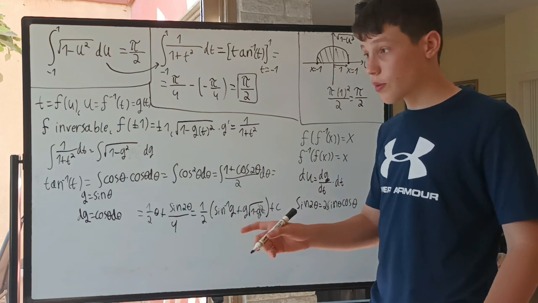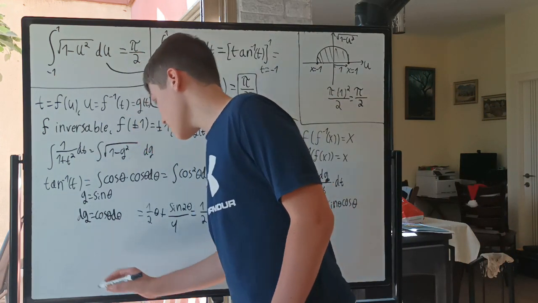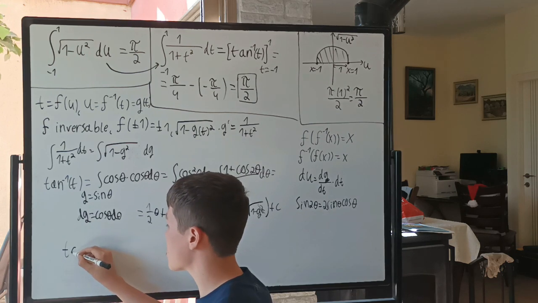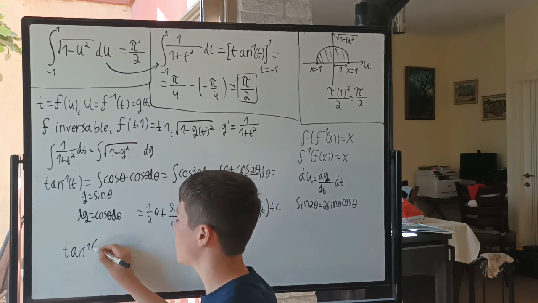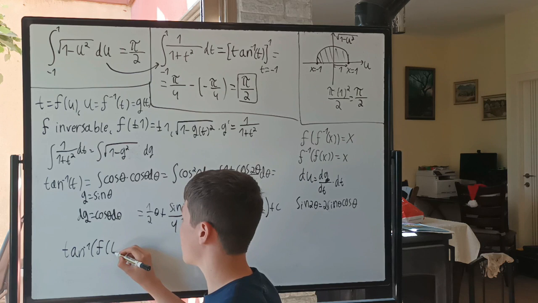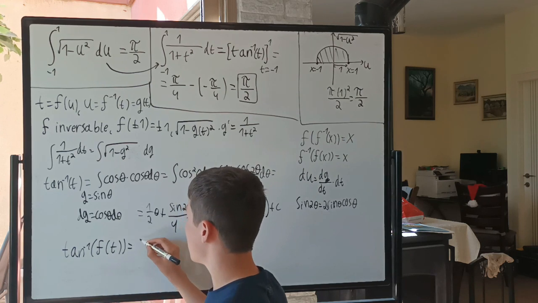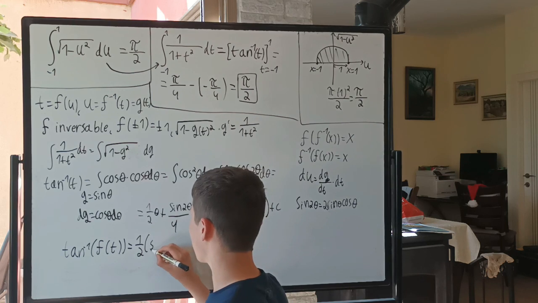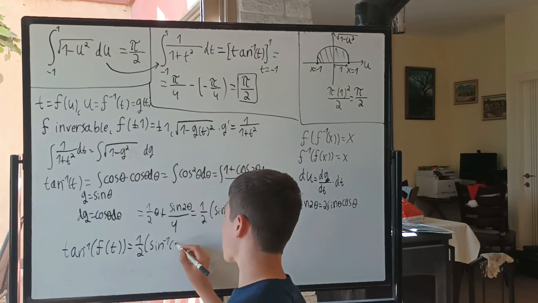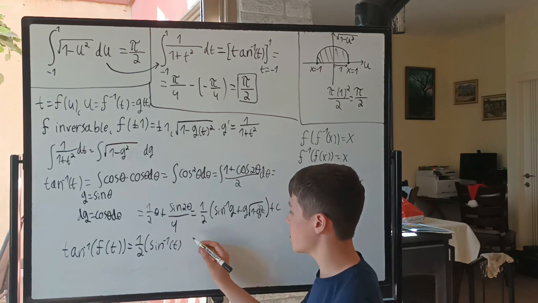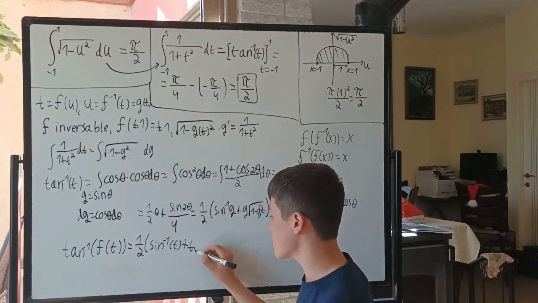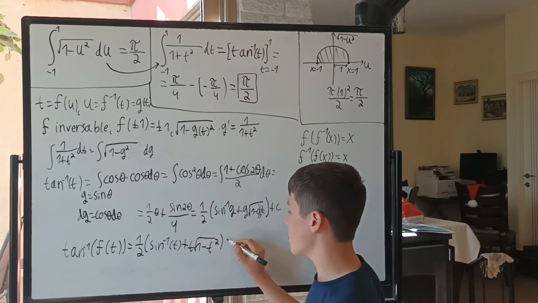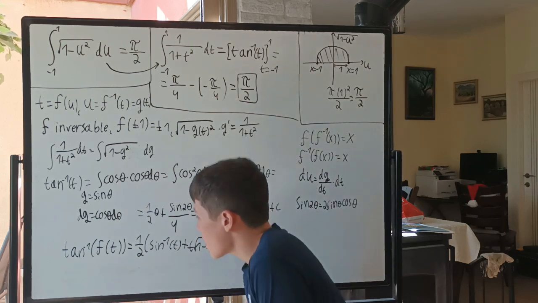So after substituting that in, we'll get that the arctangent of f of t is equal to 1/2 of arcsine t plus t square root of 1 minus t squared, plus c.